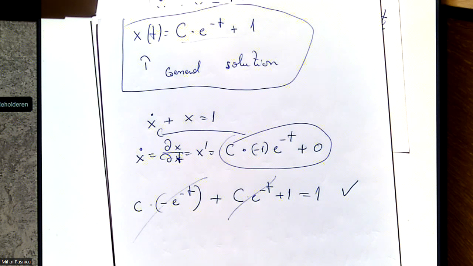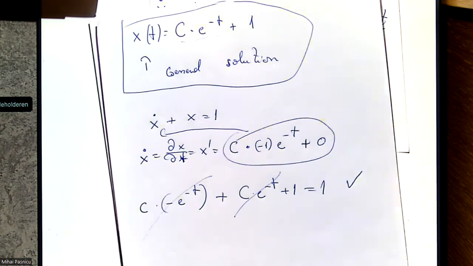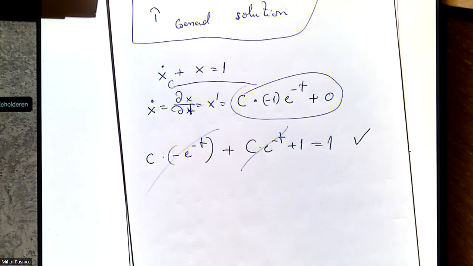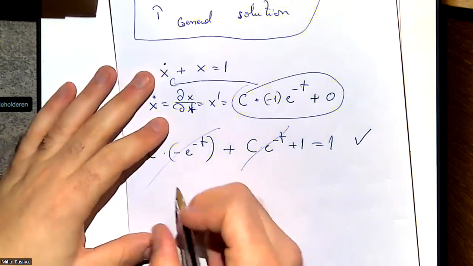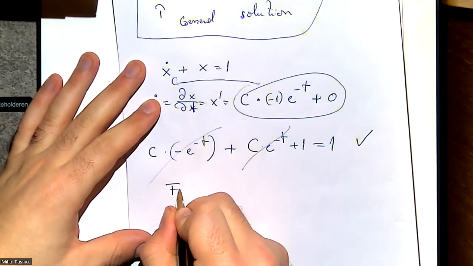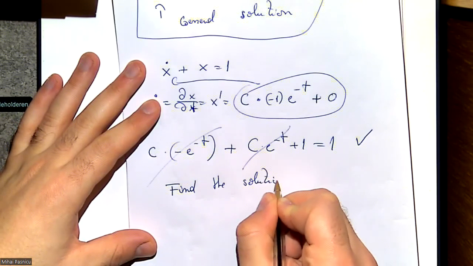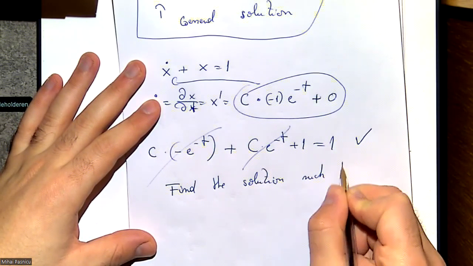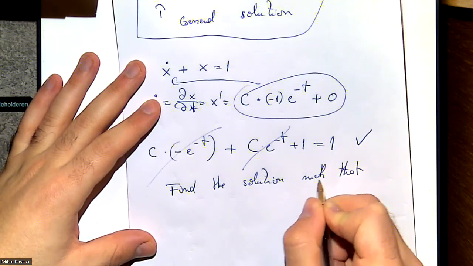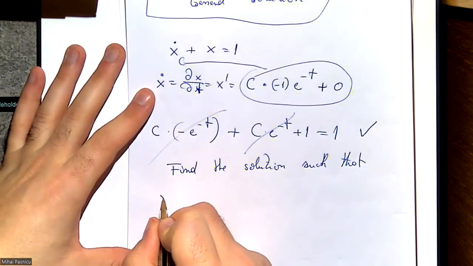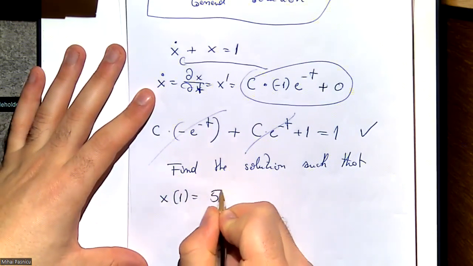Now, some problems. So this is the general solution. I hope we all agree that's the general solution. Some problems might ask you to solve the linear differential equation and then find the solution such that, and then they give you some formula like x of 1 is equal to 5.